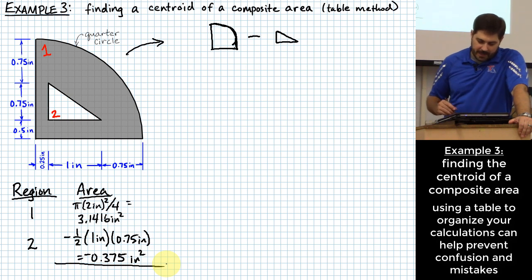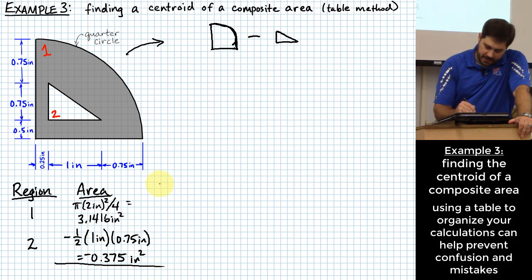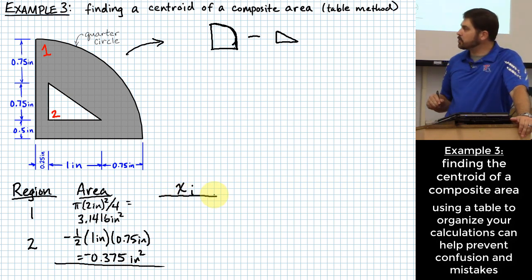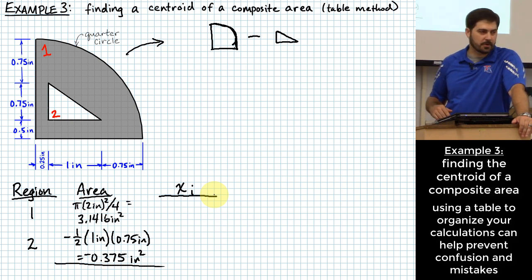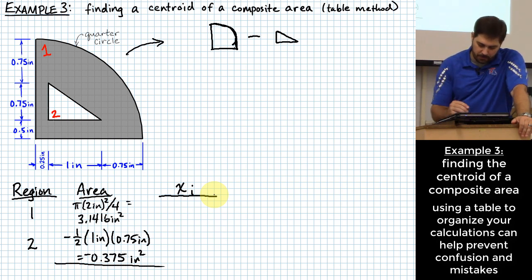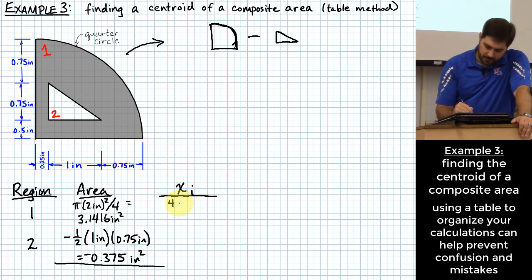What I want to do for the next stage is go ahead and identify what are the x coordinates. I'm going to label this here with x sub i. But what are the x coordinates of the centroids of each of these areas? Okay, we just learned what it would be for the quarter circle, right? The formula for it would be 4 times r. R is 2 inches, over 3 pi.